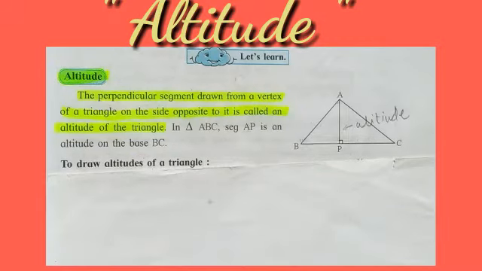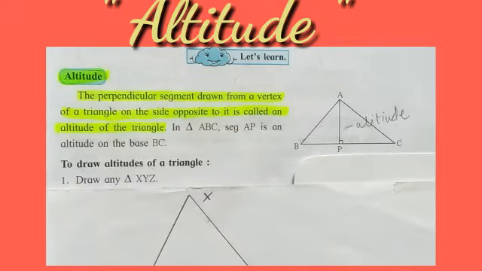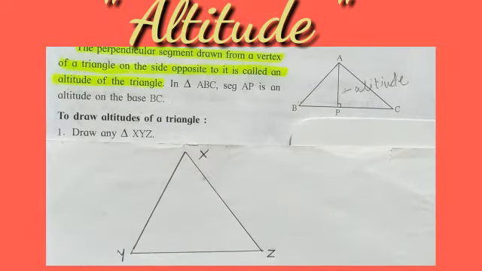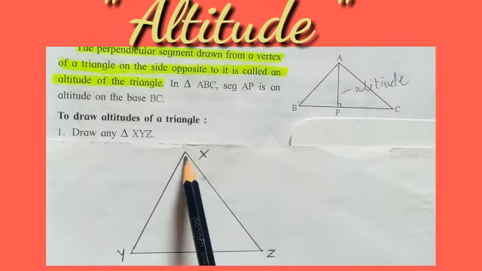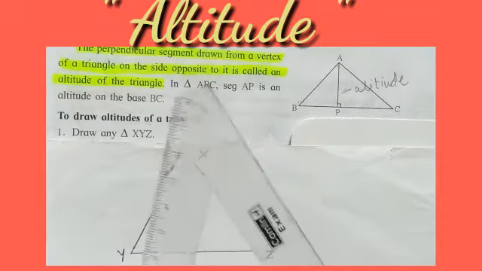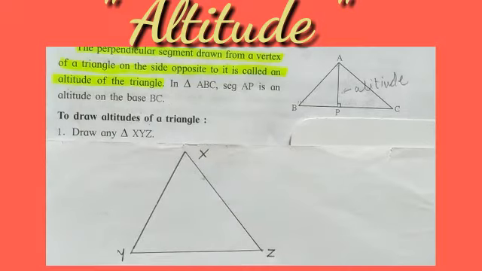Here I have drawn the triangle XYZ over the paper. Now from the vertex X towards the opposite side YZ, I am going to draw the perpendicular through the set square. Let's see how we can do that.